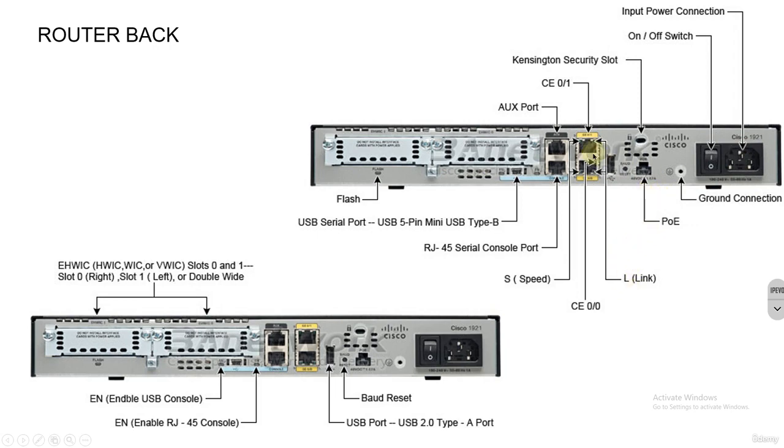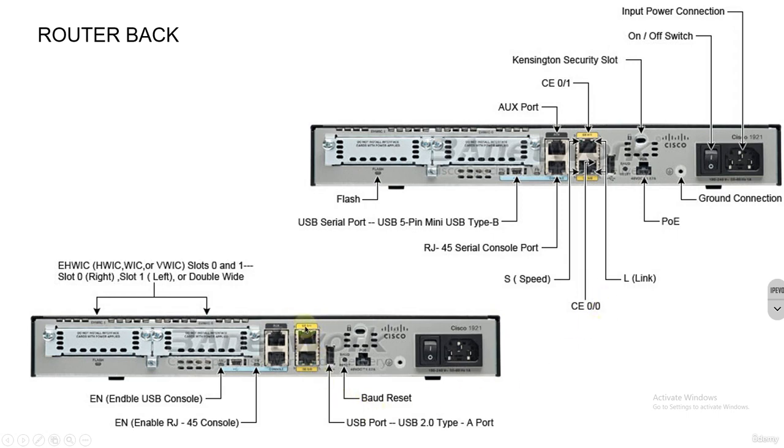Then we have very common ports like in switches; we have these yellow labels. If you see yellow labels, it has to do with Ethernet cables, could be Fast Ethernet, could be Gigabit Ethernet. As you can see, this is GE0/1 and this is GE0/0. So this is the module or slot, and this is the port number.